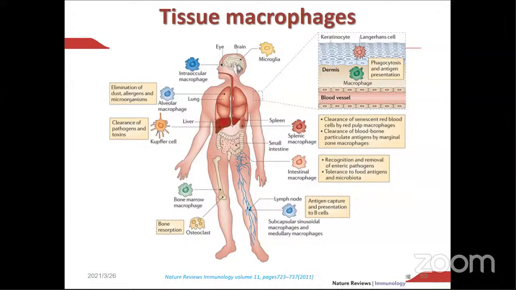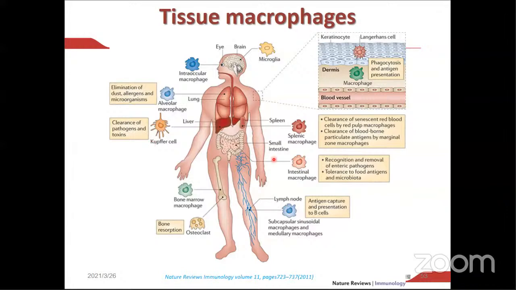And after activation, we call them macrophages. However, some particular macrophages exist or stay in the organs. For example, in the lung, you can see alveolar macrophages. In the liver, you can see Kupffer cells. In the brain, microglia, and in the skin, you can see Langerhans cells.